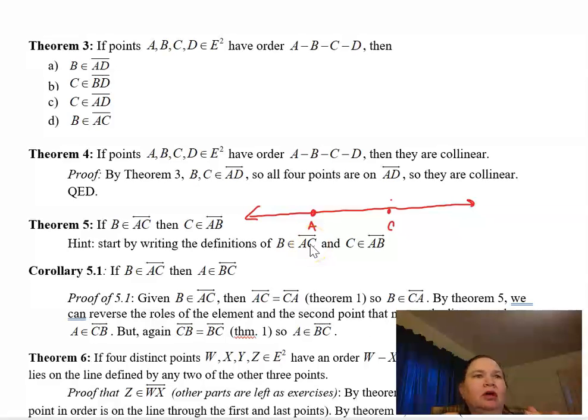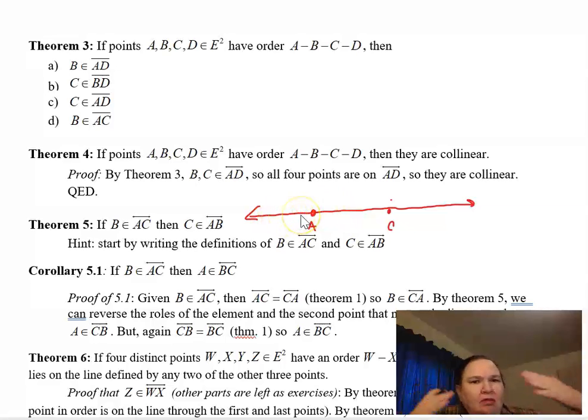In a homework assignment you're going to fill in a few details by writing down the definitions of the line AC, what it means to be a point on the line AC, and the definition of the line AB.